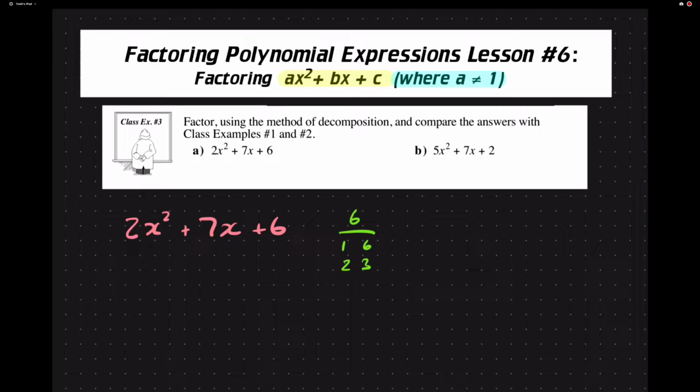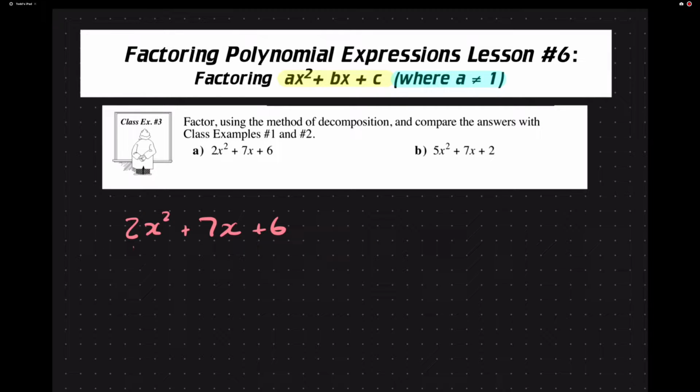And then I would be looking for something that multiplies to 6 and adds together to give us 7, which would be this 1 and 6. But now that we've got that 2 in front right there, it's not going to work out properly.